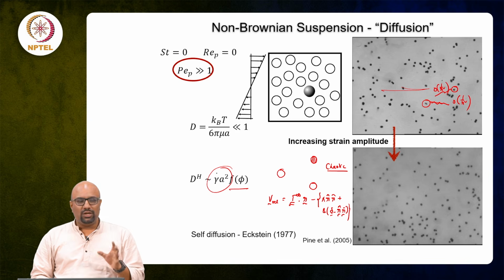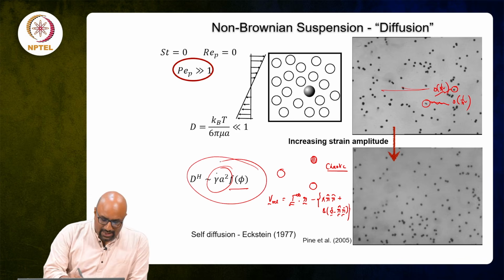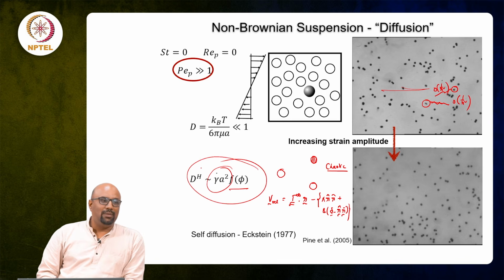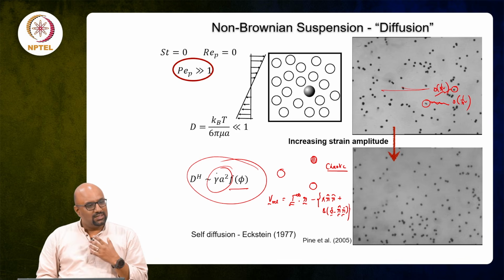The word diffusion here is not used in the sense of molecular diffusion. It is used in the sense that you are going to get a mean square displacement that grows linearly in time with a diffusivity that scales as gamma dot a square. So, there is a critical shear rate after which the system will no longer be retracing its path, it will become chaotic.